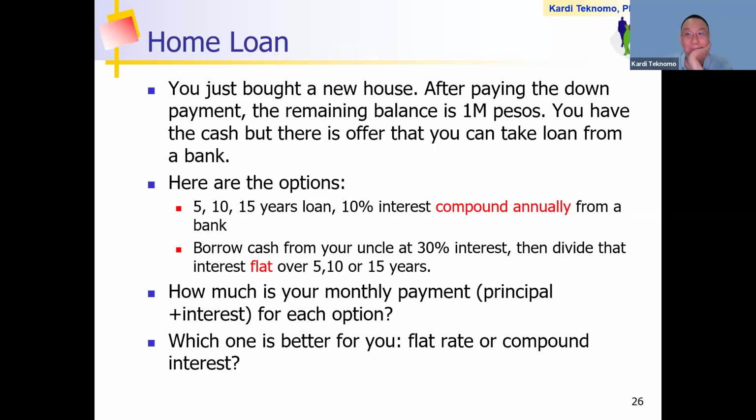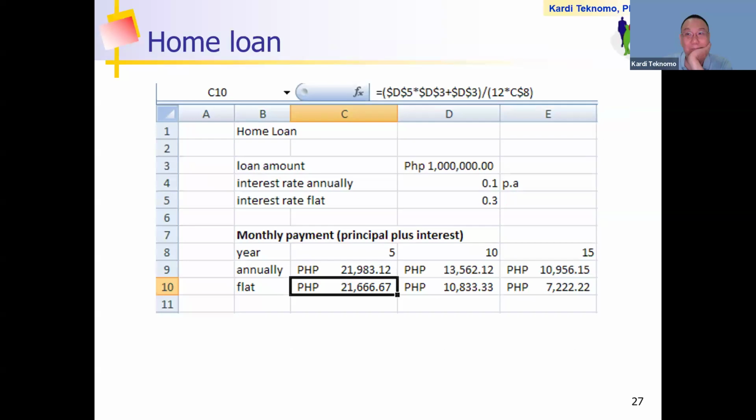So, in Excel, I computed this way. Your home loan is 1 million pesos, right? The interest rate is annually 0.1, and the interest rate for flat is 30%. I have 5 years, 10 years, 15 years.